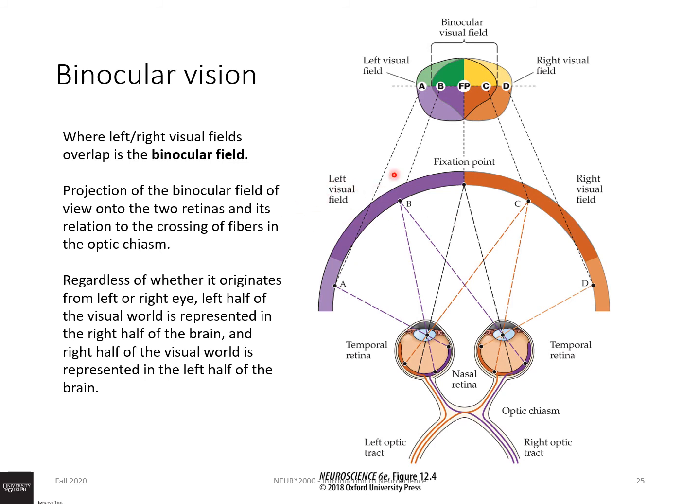And so here's a better image of what's being perceived here. So where the left-right visual fields overlap, that's the binocular vision, and each of these is being projected onto the eye and then across. So it enters through the cornea, goes through the aqueous humor, the pupil, the lens, vitreous humor, and then hits the retina. So the light hits the retina and it hits those photoreceptors.